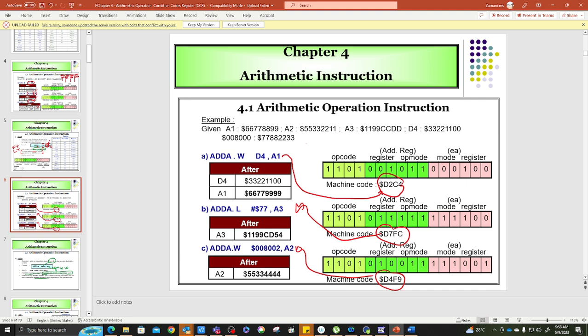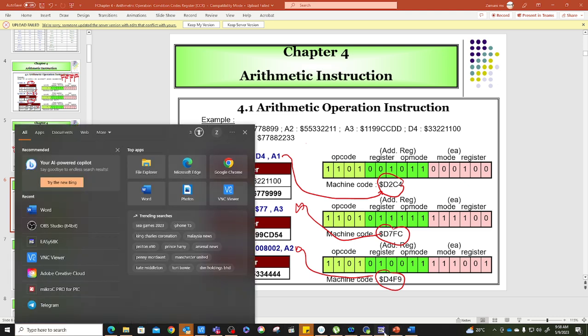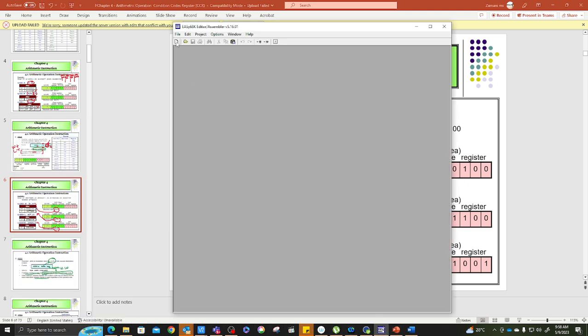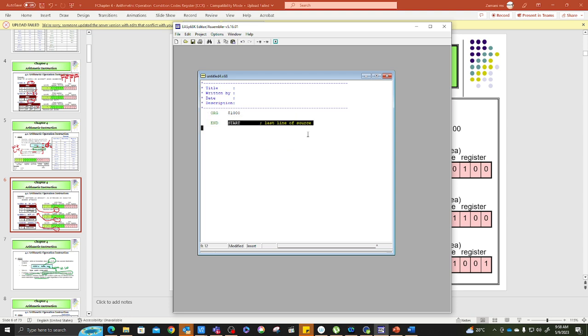In Easy68K, for example, let's look at your Easy68K. Just go to your code here and type very simple code, the one that we learned, which is move. move.byte, D5 to D7.